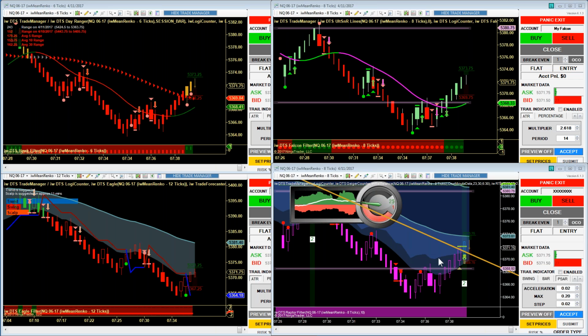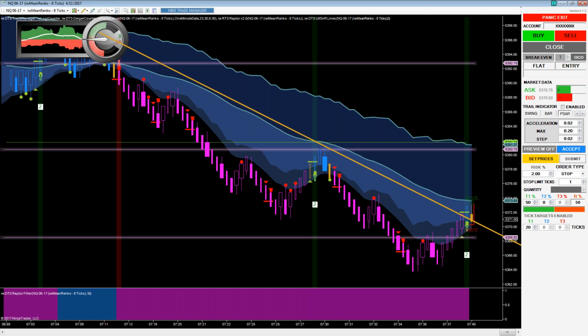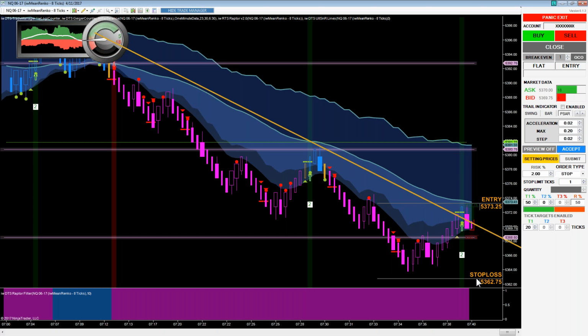Here comes that counter trend signal again. Okay, this one we have a chance to take the second push opportunity.